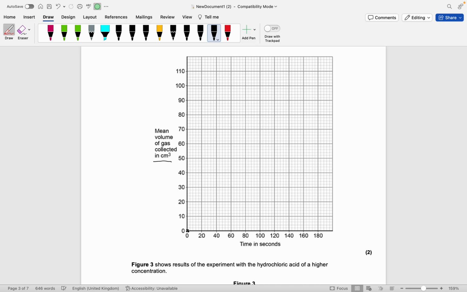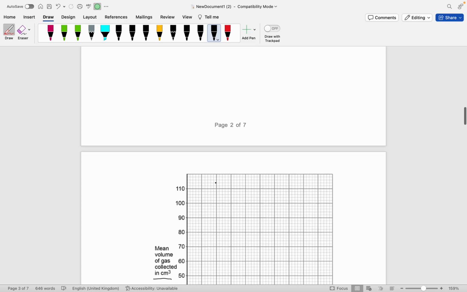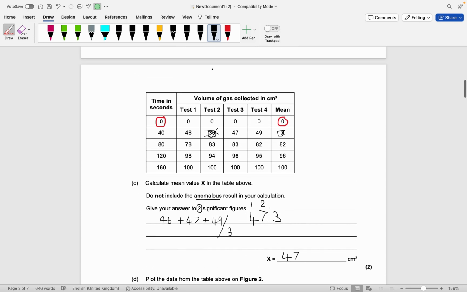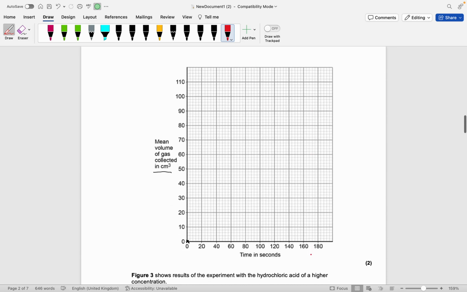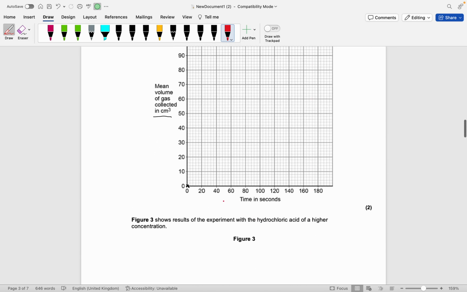So we've got one there, okay? 0 and 0. Let's have a look at what our next one was. We've got 40 seconds now, and we've just worked out our x as 47. So we've got 40 for our time in seconds and 47 for our mean volume of gas collected.